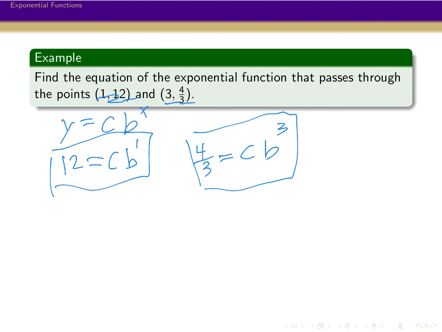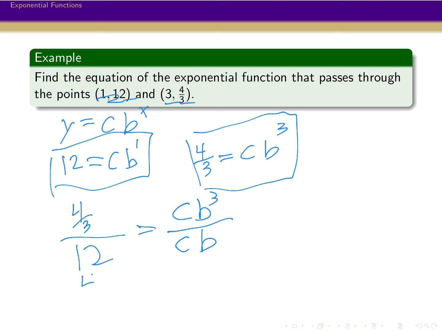Okay, so the trick here is that if I take 4 thirds and divide that by 12, well, 4 thirds is c times b cubed divided by c times b to the first power. So over on the left-hand side here, I've got 4 thirds divided by 12.